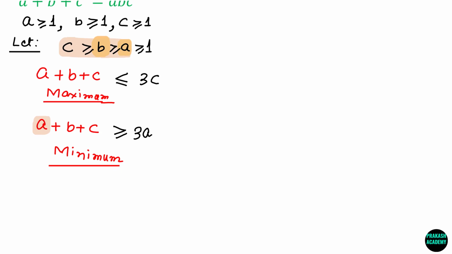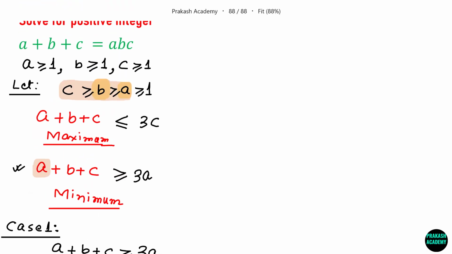So let us consider two cases. The first case, case 1, corresponds to the minimum value condition. In this case, you have a plus b plus c is greater than or equal to 3a. But we know from the equation that a plus b plus c equals abc.